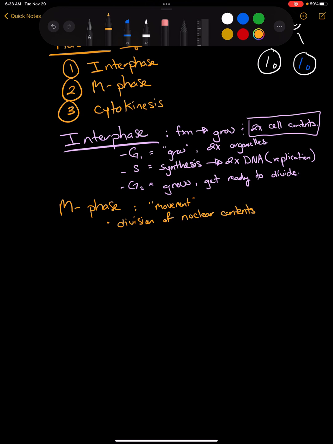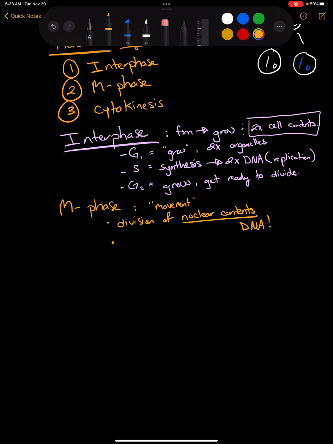All right, well, what do I find inside my nucleus? I find inside my nucleus DNA. So M phase is purely about dividing my DNA, right? Completely about dividing my DNA.